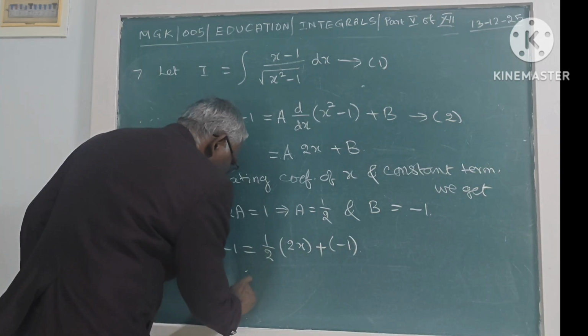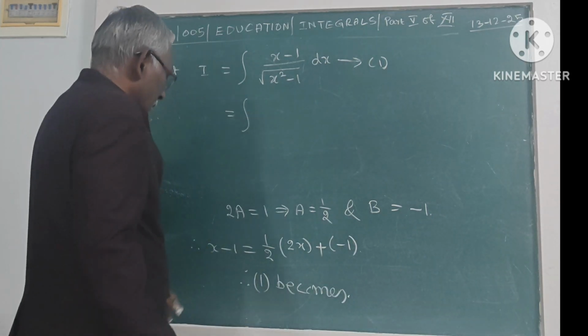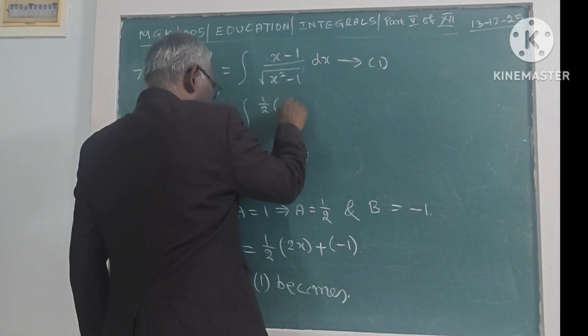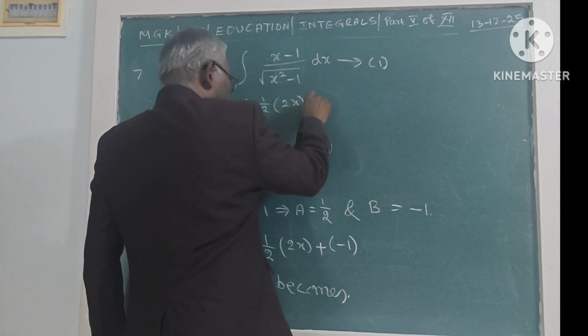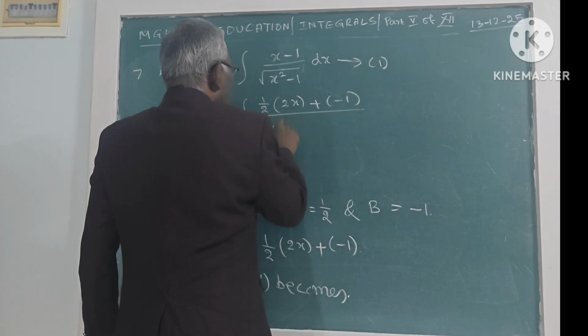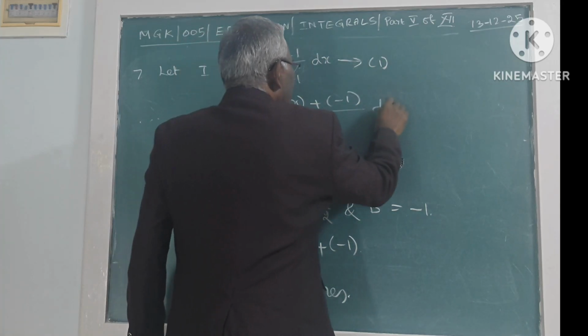Therefore the integral becomes integral half times 2x plus of minus 1 by square root of x square minus 1 dx.